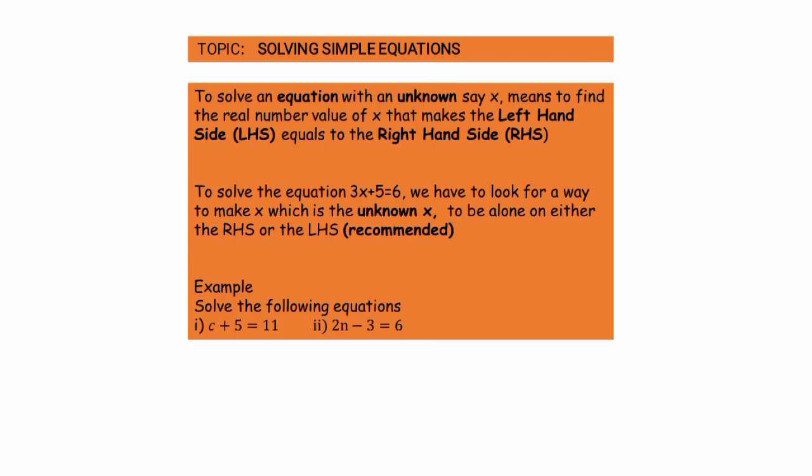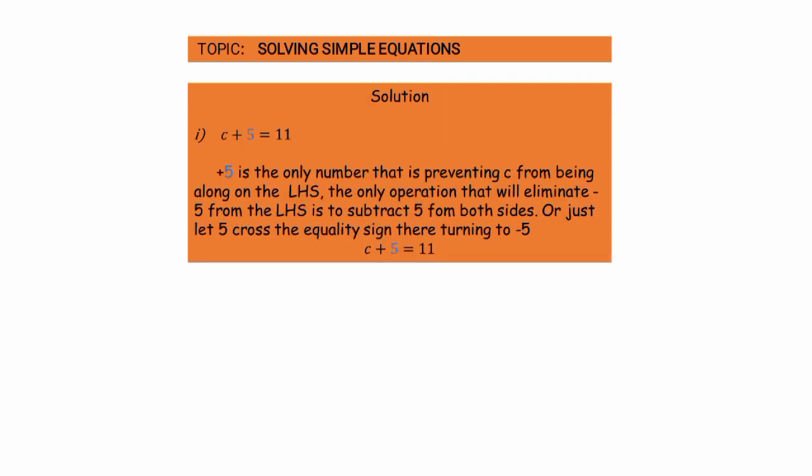We look at examples. The first example is c plus 5 equals 11, and the second example is 2n minus 3 equals 6. For the first example, c plus 5 equals 11. You have to identify the numbers preventing c, which is the unknown, from being alone. And the number here is plus 5.